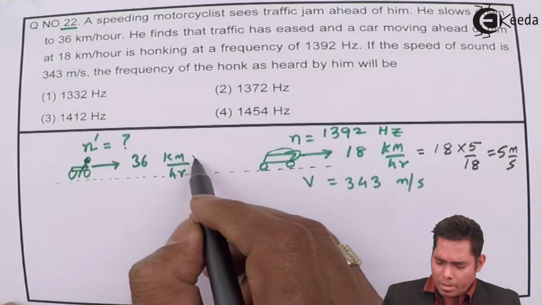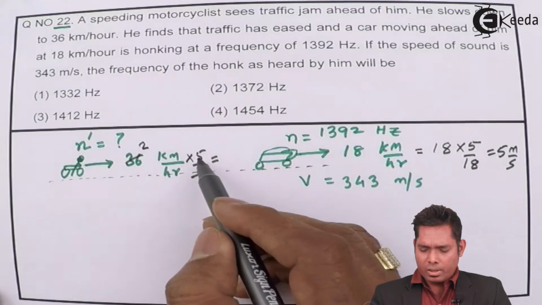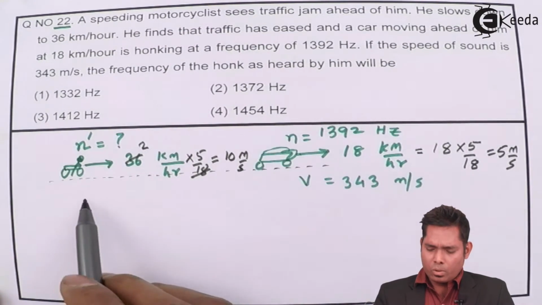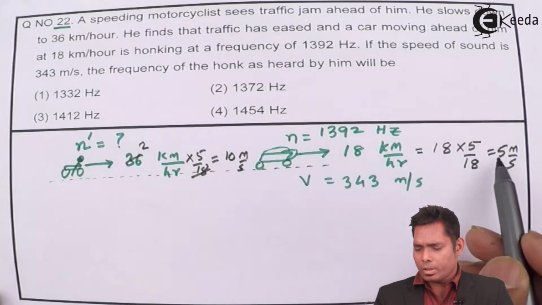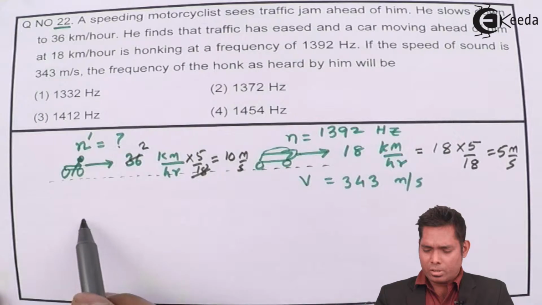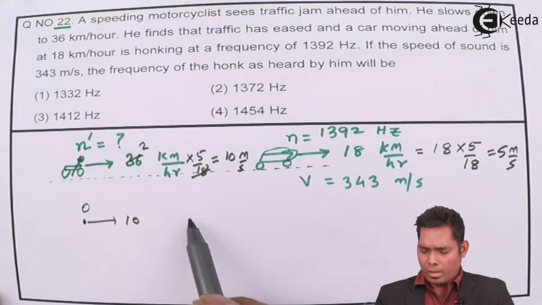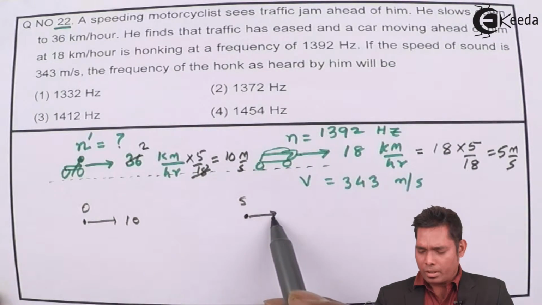Here also, 36 into 5 over 18 is 10 meter per second. So the observer is moving with 10 meter per second, and the source is moving in the same direction with 5 meter per second.